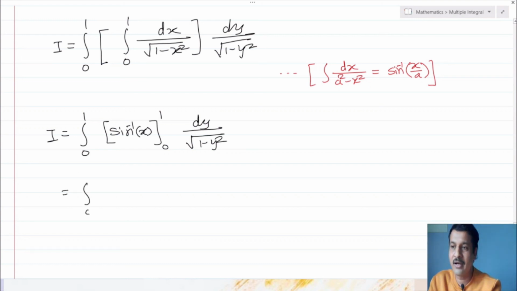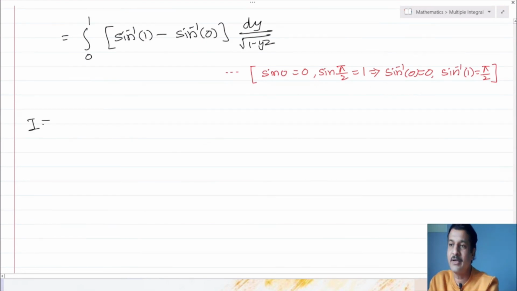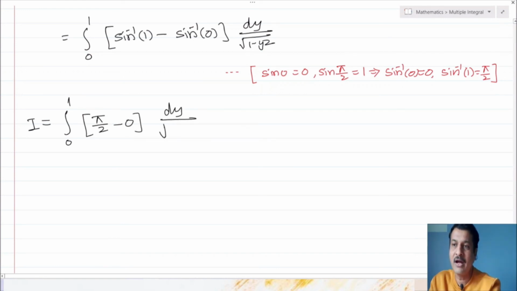So upper limit minus lower limit means replace x by the upper limit minus x replaced by the lower limit. By the standard values, I equal to integration 0 to 1, pi by 2 minus 0, and dy upon under root of 1 minus y square as it is.